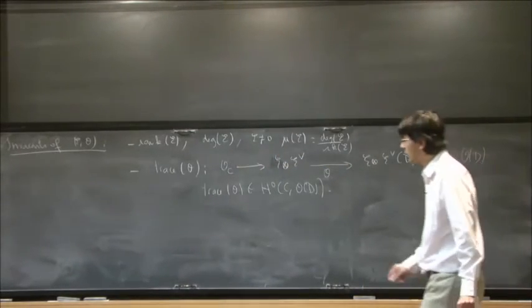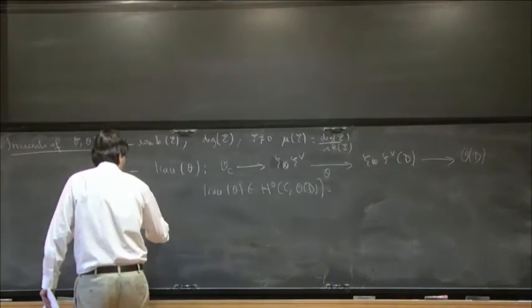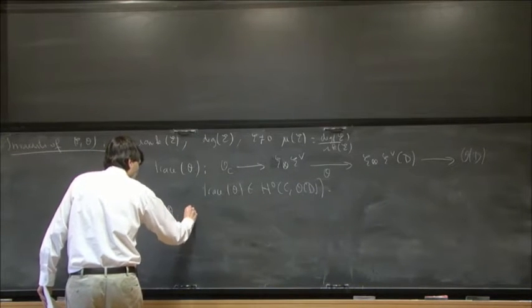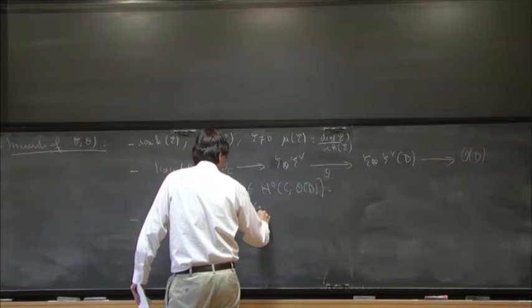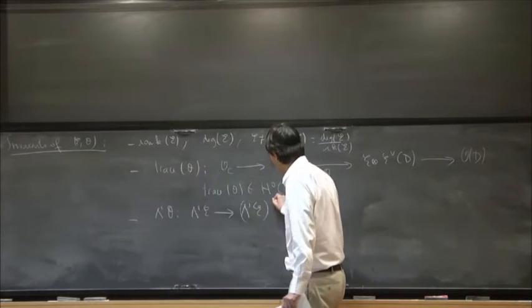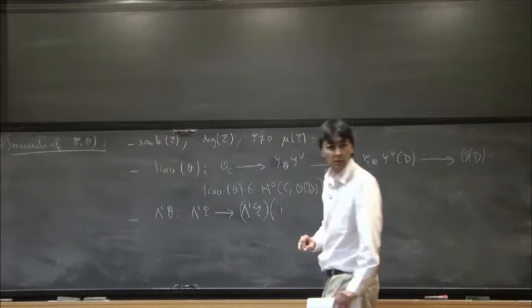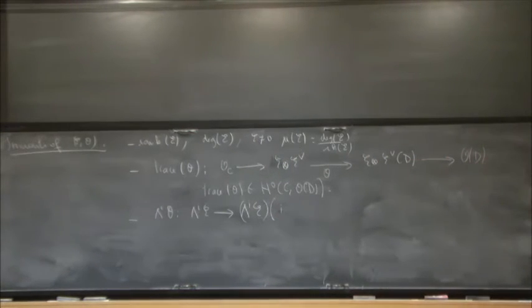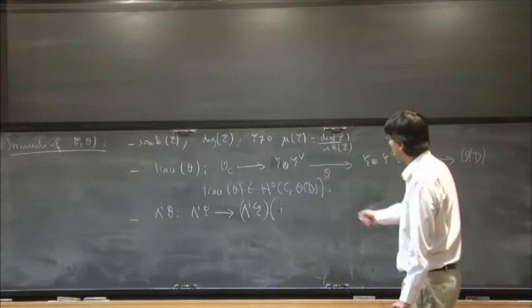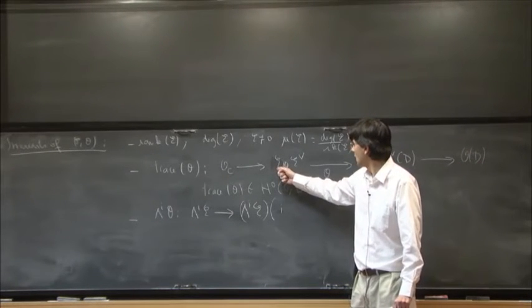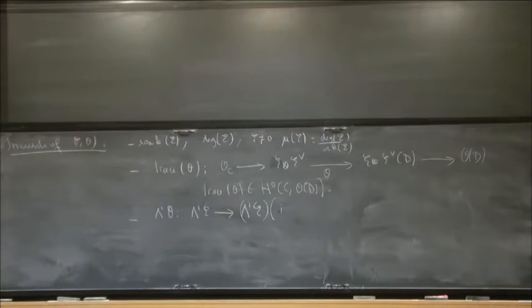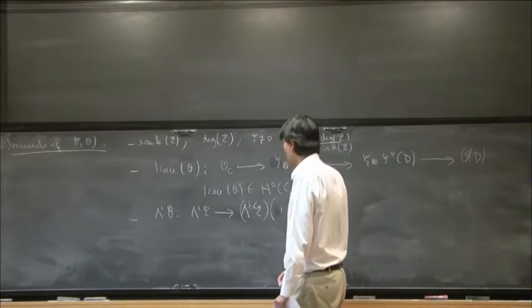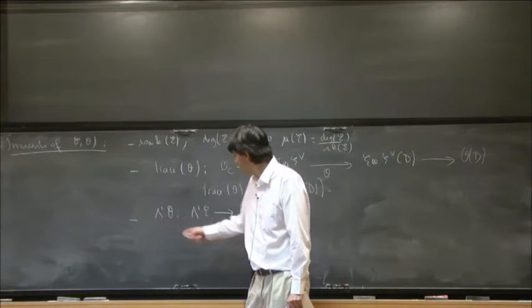Moreover, I can consider the exterior power of theta. This is a Hitchin bundle associated to theta going from E to E twisted by D. So I can take an exterior power.